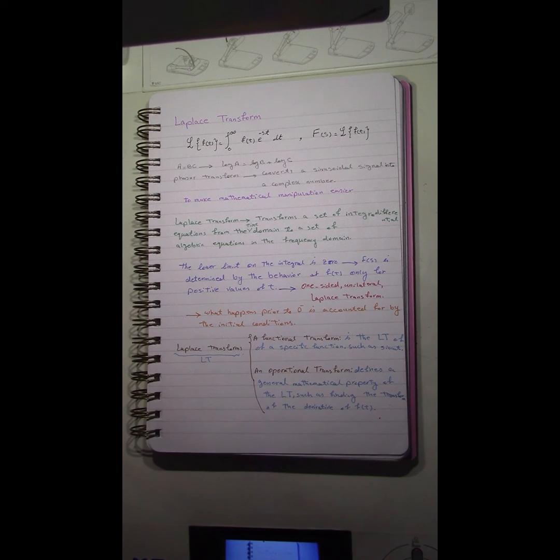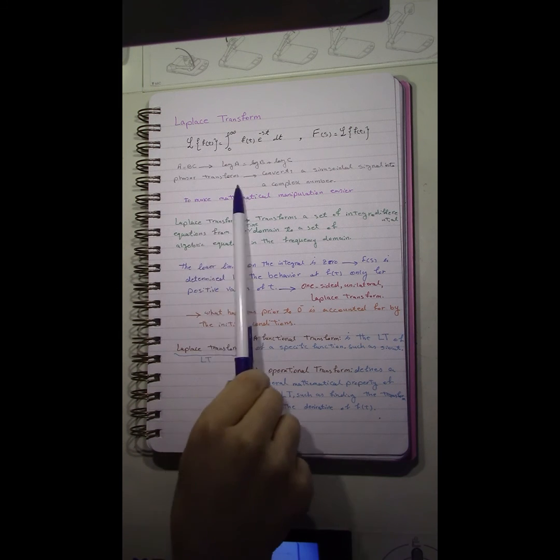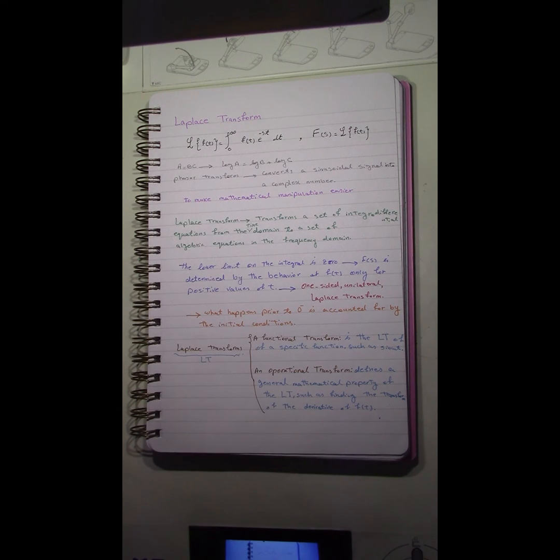Do you remember, students who had ECET 2001, when we studied one kind of phasor transform? Why did we study phasor transform? Again, for the same reason. Well, we had cosine and sine functions.